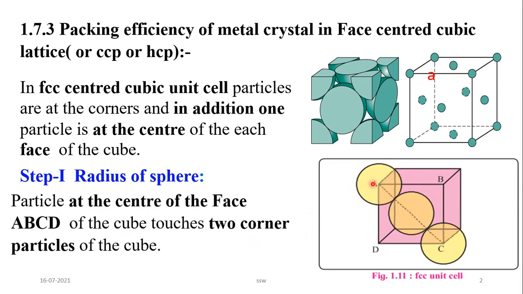Here 2 particles are present at the corner, and this is the particle which is present at the center of this face, that is A, B, C and D. So the particle at the center of the face A, B, C, D of the cube touches the 2 corner particles of the cube. These are the 2 corner particles of the cube, like this. This is the corner particle, and this one is the corner particle of this particular face, and this is the particle which is present at the center of this particular face, like this.